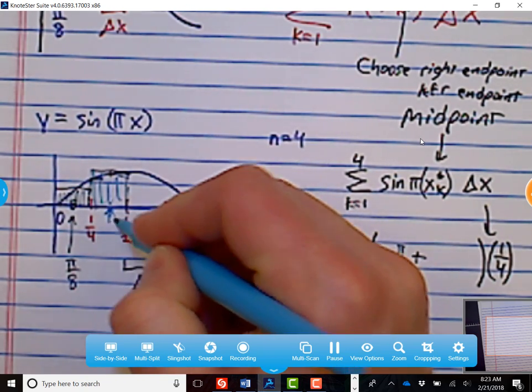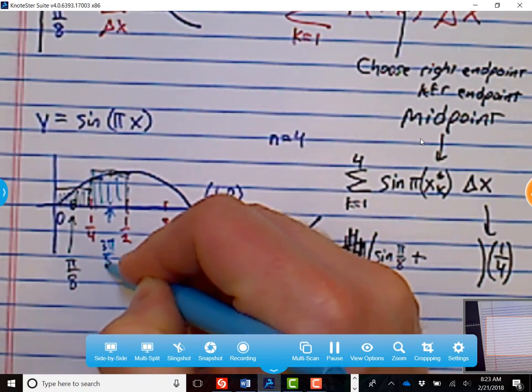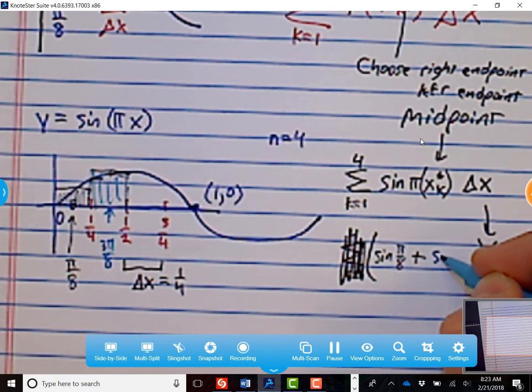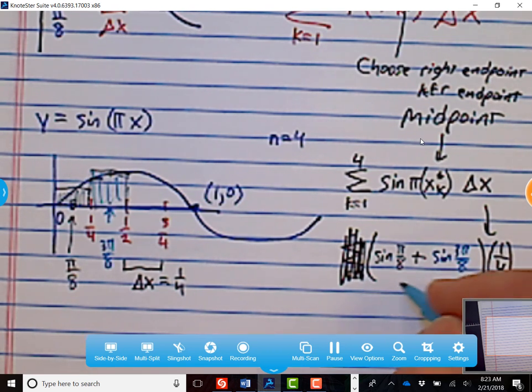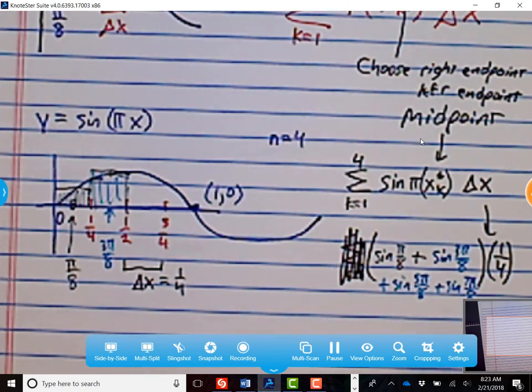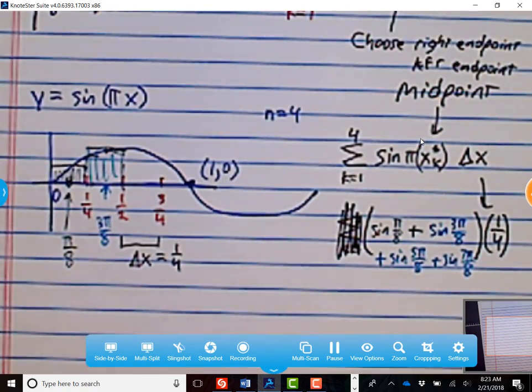So here we select 3 pi over 8, and so we would need the sine of 3 pi over 8 times 1/4. We would also need to add the sine of 5 pi over 8 and the sine of 7 pi over 8, right? And so in theory, that's what I need to calculate. And that'll be an approximate value of the integral for y equals sine pi x.